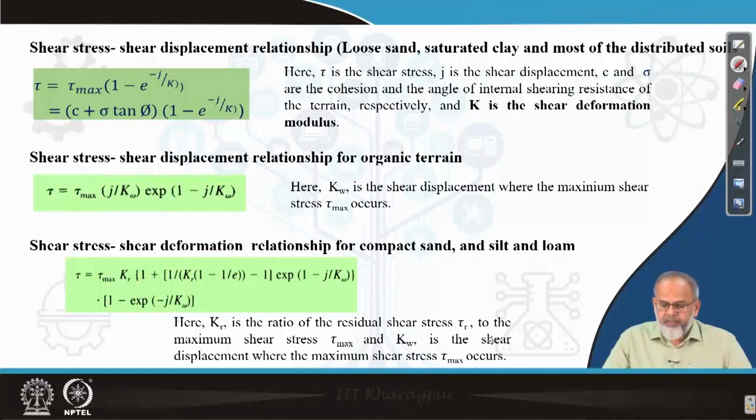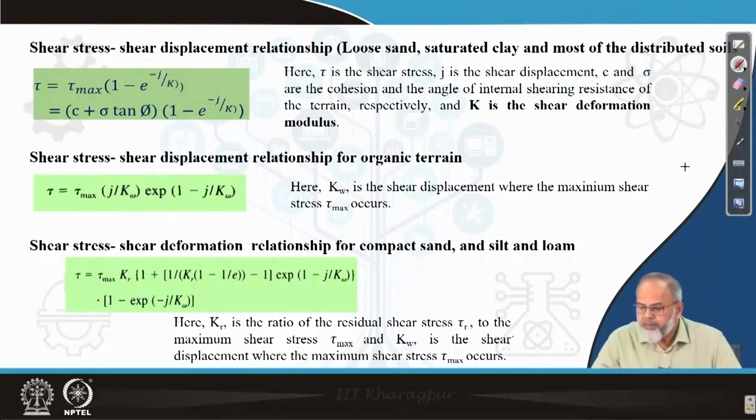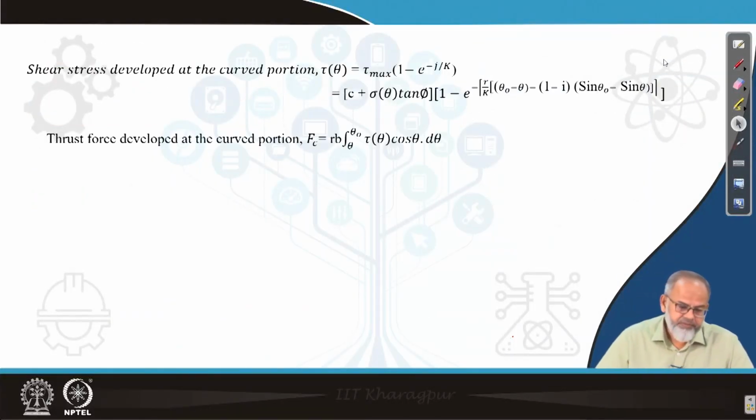Once you select the relationship, next is how to find out shear stress. The shear stress developed at the curved portion I have indicated as tau theta here, because what is important is the distribution of shear stress along the angle.